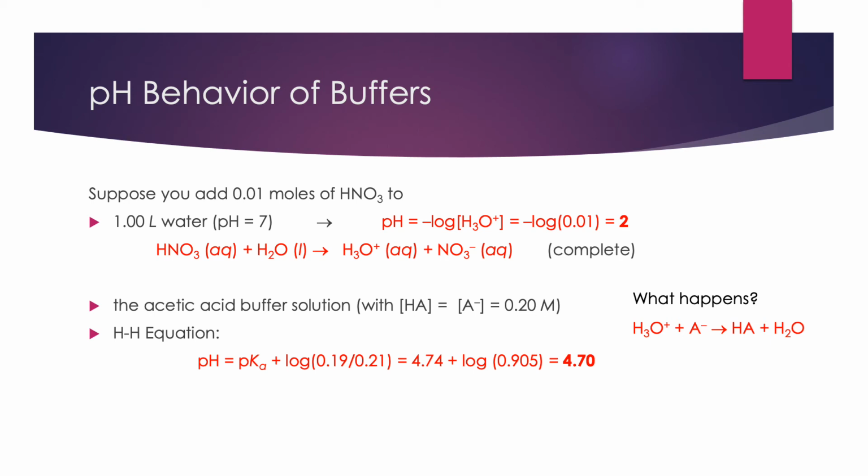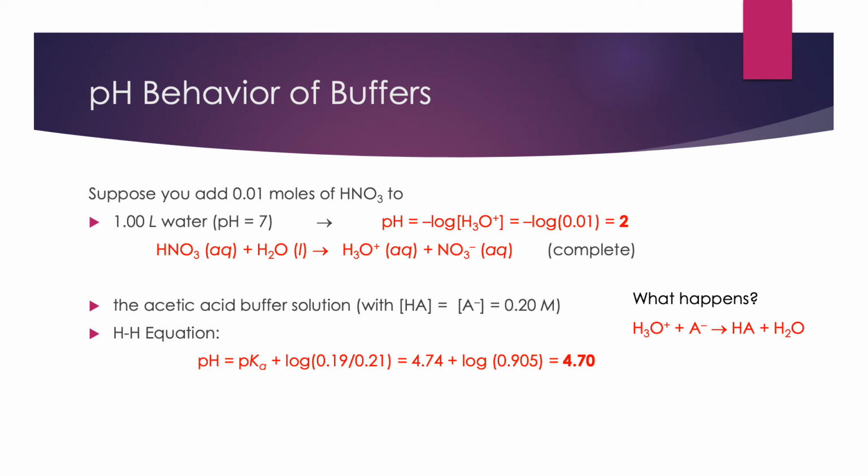The pH is going to be the pKa of the acetic acid plus the log, and now the new ratio is not 0.2 to 0.2, the new ratio is 0.19 to 0.21. And that's going to be pKa plus the log of 0.905, that's what that ratio gives you, which changes the pH to 4.70.